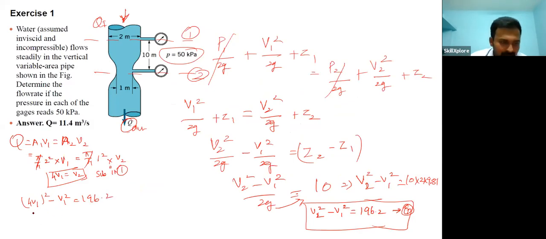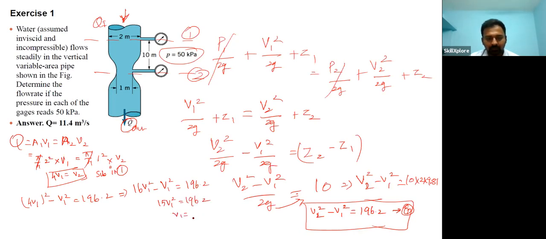196.2. So just calculate that. 16 V1 square minus V1 square is equal to 196.2. This is 15 V1 square equal to 196.2.